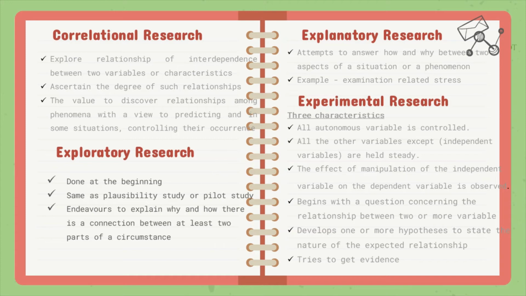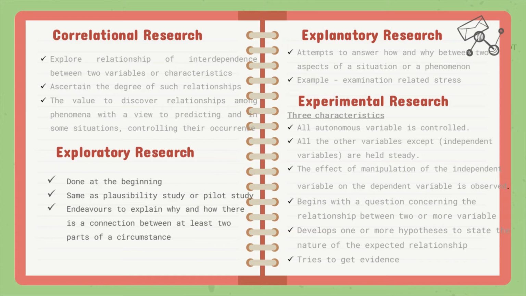Here the degree of association of such relationships is found. The value of correlational research is in discovering the relations among phenomena with a view to predict and, in some situations, control their occurrences.